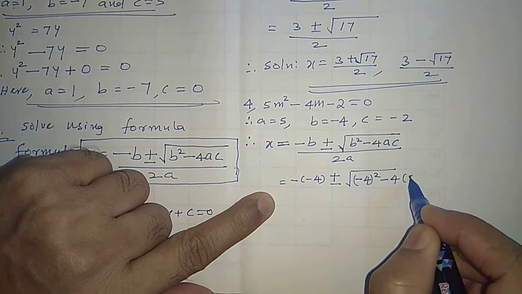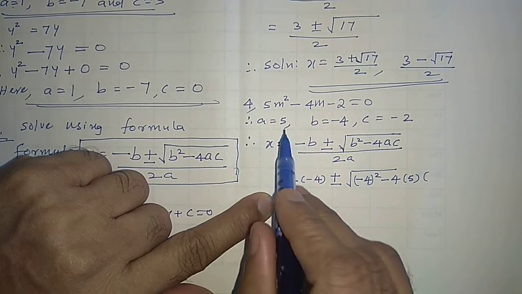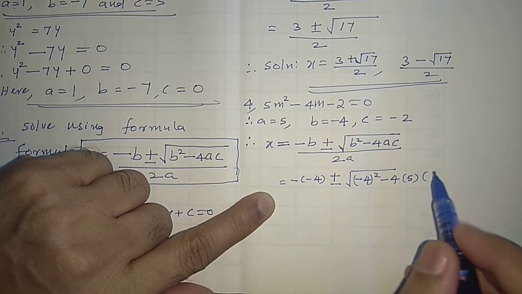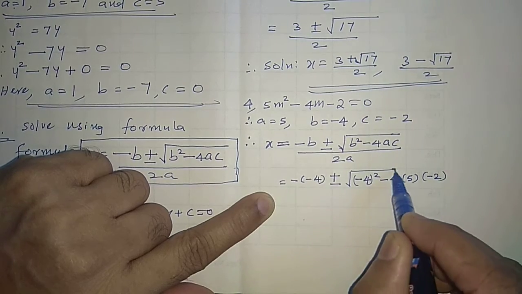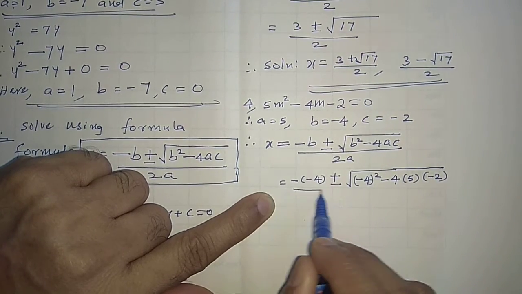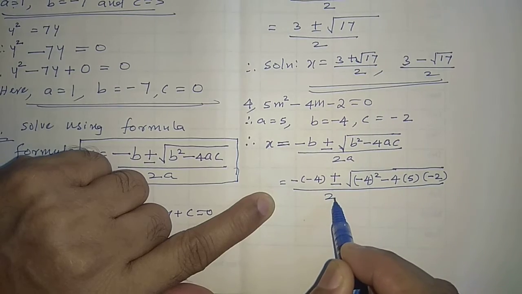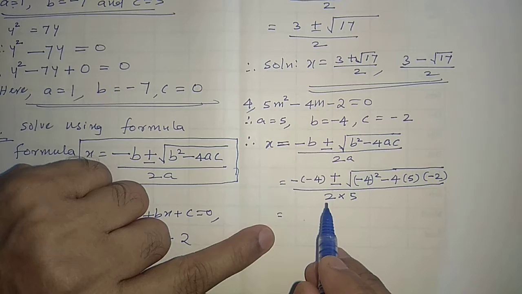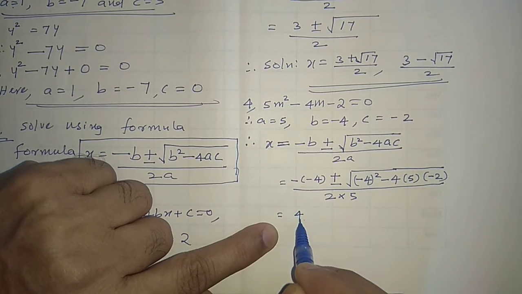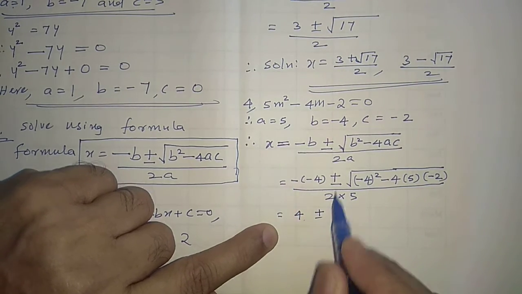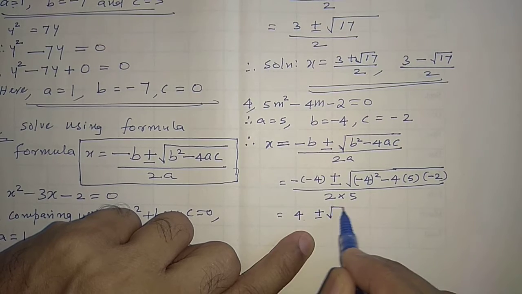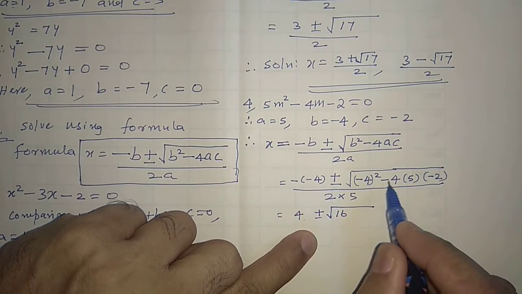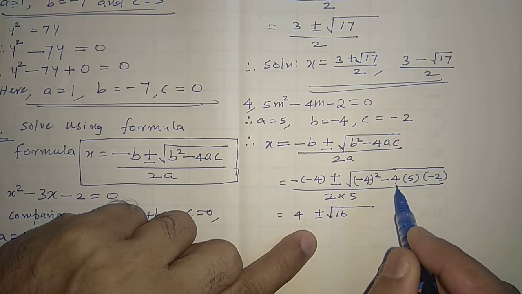Minus 4 into a, which is 5, into c, which is minus 2. This whole thing under square root, upon 2 into a, which is 5.